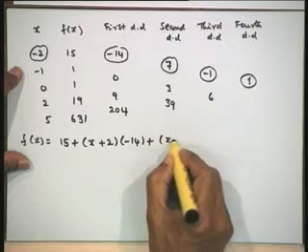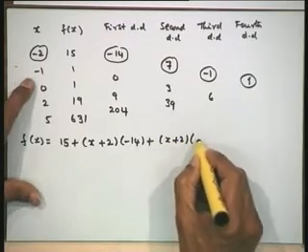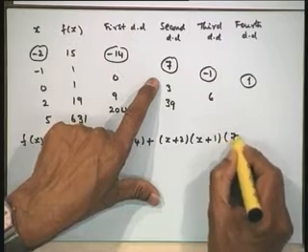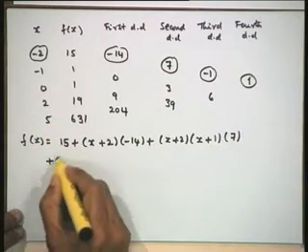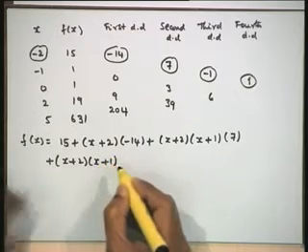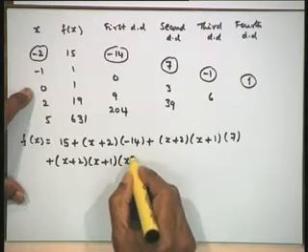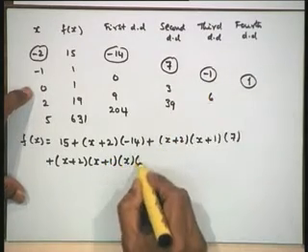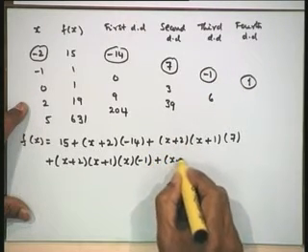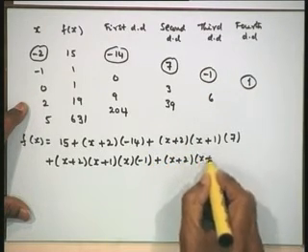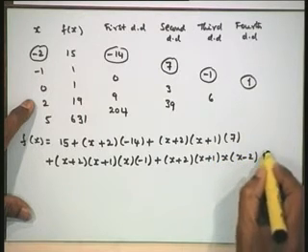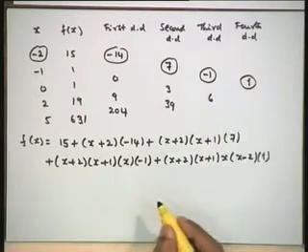Then we have x minus x naught into x minus x 1, that is x plus 1, into the second divided difference 7, plus x plus 2 into x plus 1 into x minus 0, so I simply have x, and the third divided difference is 1, and we have x plus 2, x plus 1, x, into x minus 2 into 1, that is the fourth divided difference.